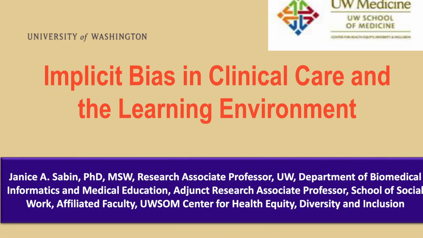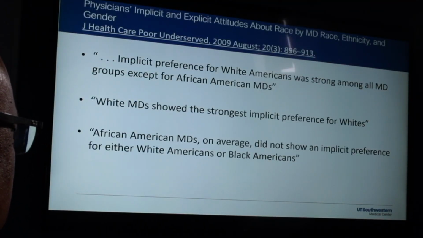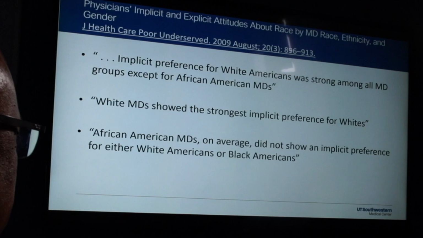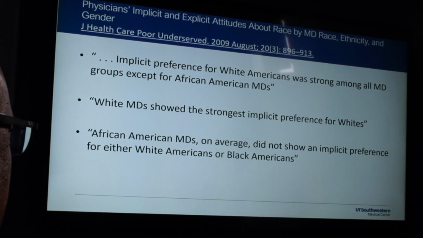And Janice Sabin and colleagues in 2009 showed us that physicians are not unique, and physicians have implicit biases. They tapped into a computer database to look at the results on the computer-based implicit association test, which has been taken by millions, which uncovers our unconscious or hidden biases.